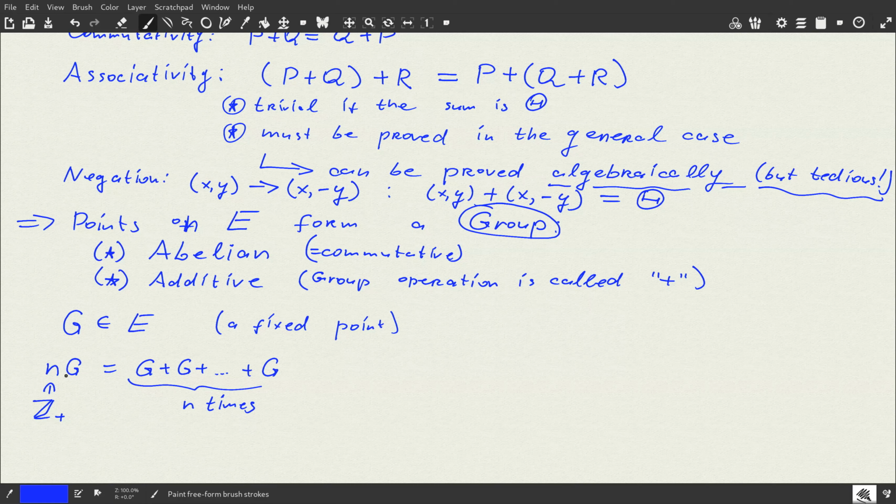Okay. What is interesting is that it is much more difficult to compute the opposite operation. So this is straightforward. But going back from NG to G, if N is known, is much more difficult.